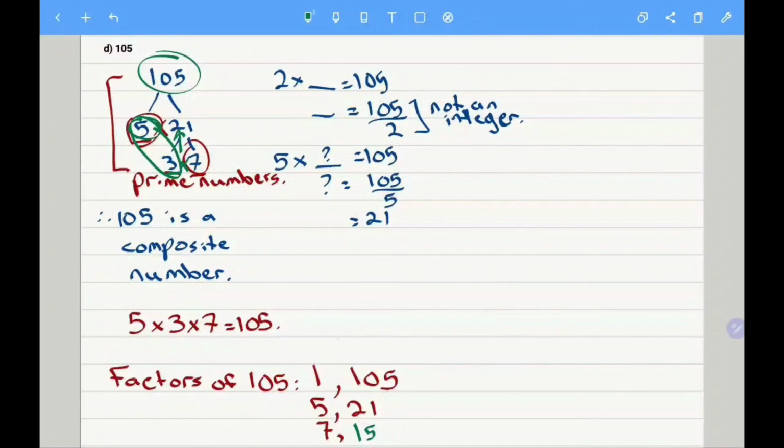And through determining that for all of the prime numbers, we now have all the factors of that composite number. In this case, we have all the factors of 105. These are all the factors of 105.